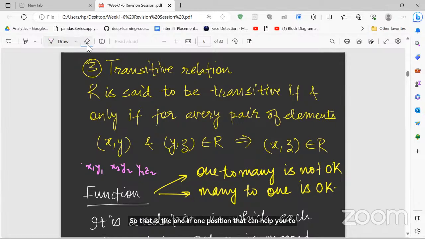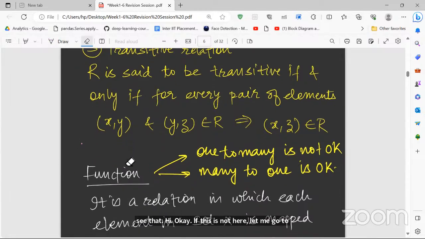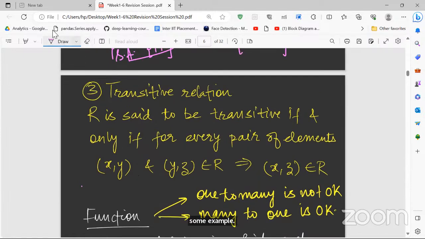I hope this is clear. If not, let me go to some example. I didn't write an example here, but let me write one. This is a very important relation, and it is very confusing also.